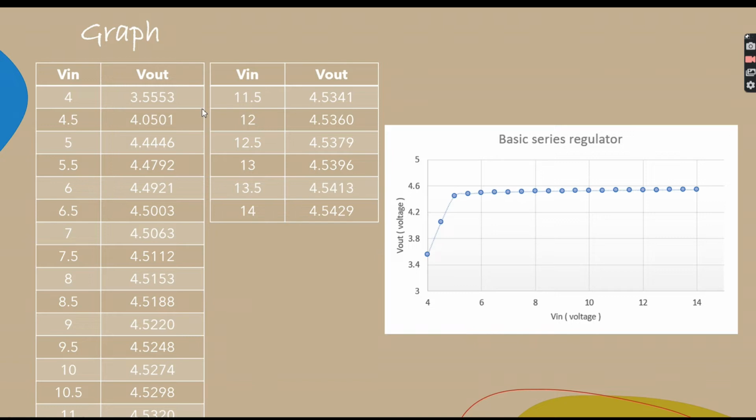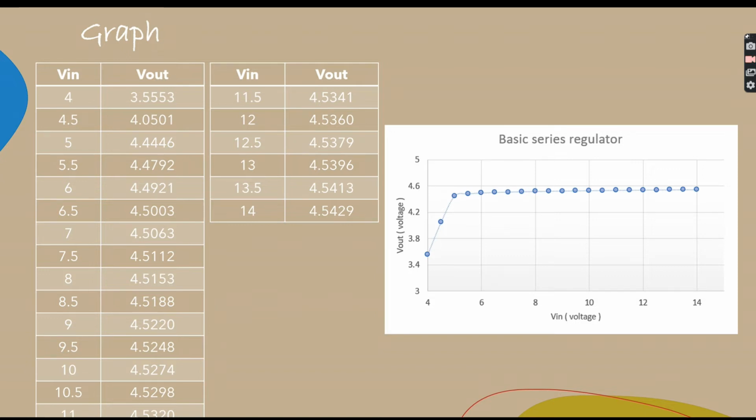Okay, this is the table I made, Vin and Vout. The question needs Vin from 4 volts until 14 volts, so I increase the value by 0.5 volt.